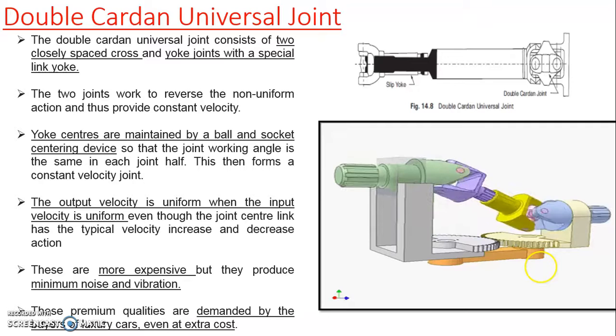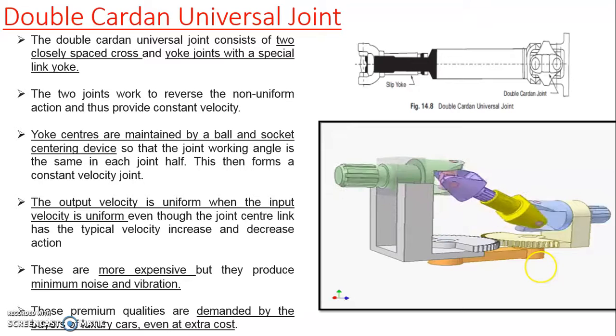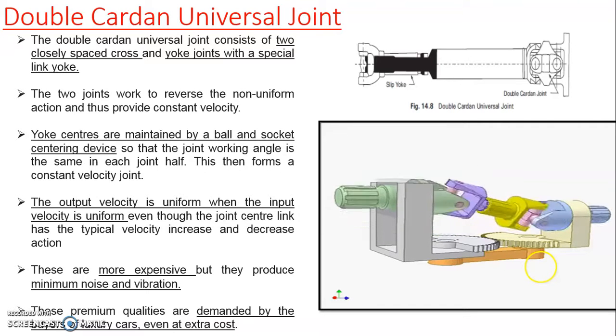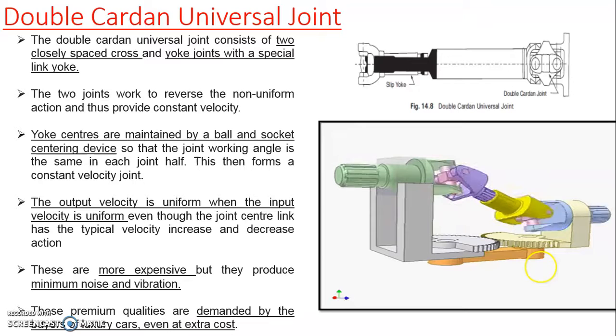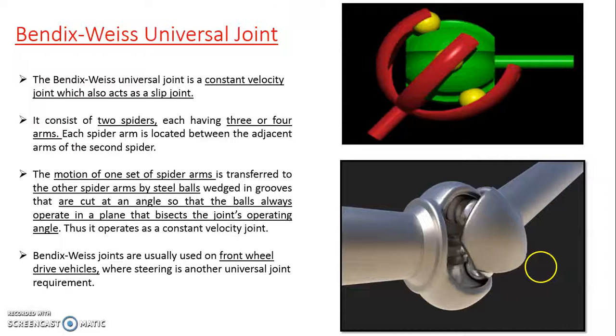That link may have varying speed, but the gearbox shaft speed and the rear axle pinion speed will be the same. They should not vary. That arrangement is costly, but it produces minimum noise and vibration, which is why it is more preferred.